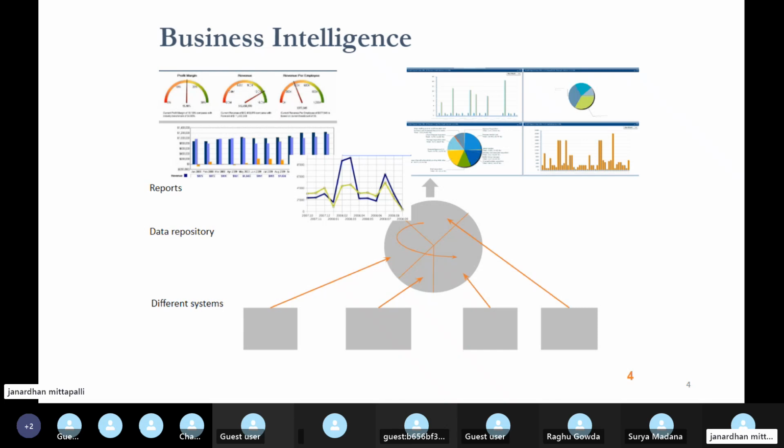Okay, so this is what you need to understand here: how data is processed from start to end. We'll get data from different systems, then place it into a data repository, or data warehouse, and then use it for reporting. How will we use it? We can't directly build visuals if data is not in a structured way.